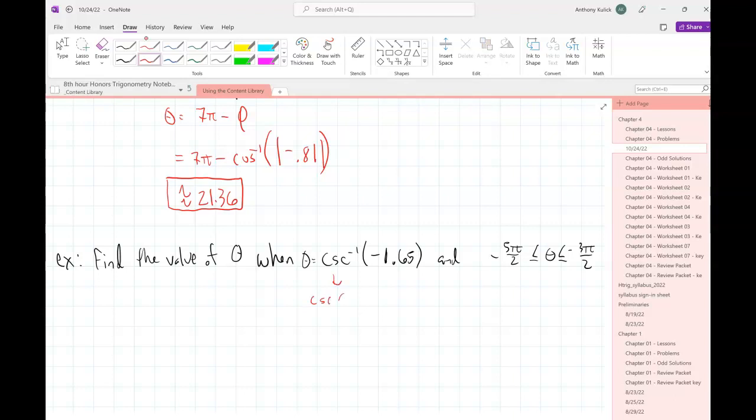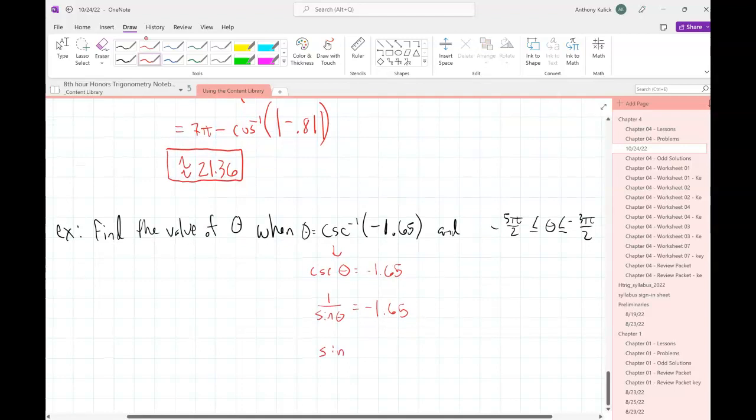Cosecant inverse of negative 1.65 equals theta is the same thing as cosecant theta equals negative 1.65. Remember that cosecant is the reciprocal of which trig function? Sine. So I know 1 over sine theta is negative 1.65.